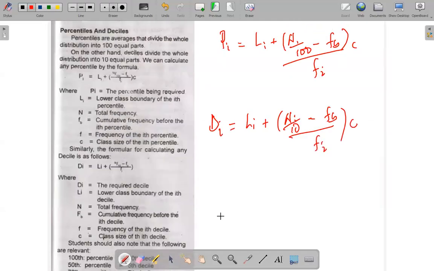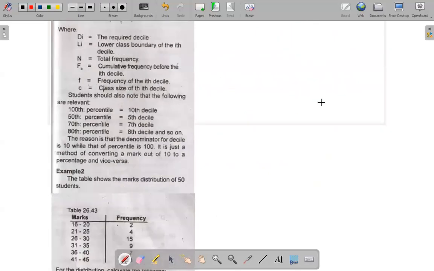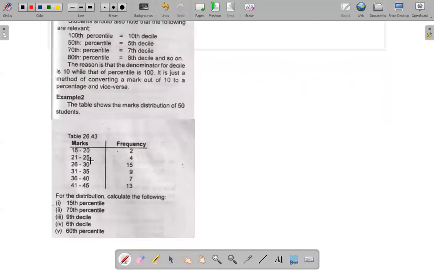Remember that from this formula, Li is the lower class boundary of the ith percentile, and Fb is the cumulative frequency before the ith percentile. So the point I'm trying to make here is that we don't have class boundary and we don't have a cumulative frequency table, meaning we need to form that table first so that we can input those values into the formula.